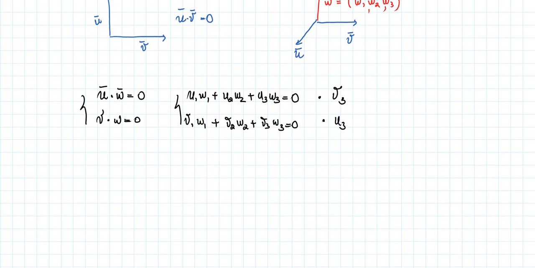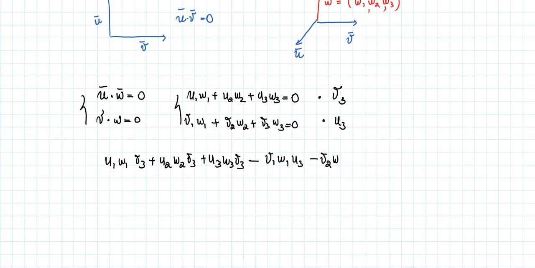If I multiply by V3, what you get is U1 omega 1 V3 plus U2 omega 2 V3 plus U3 omega 3 V3, minus, I need to multiply all the terms of the second equation by U3, V1 omega 1 U3 minus V2 omega 2 U3 minus V3 omega 3 U3, is equal to 0, right?